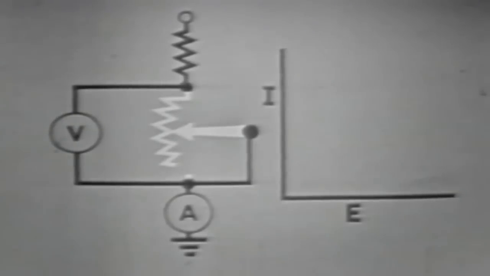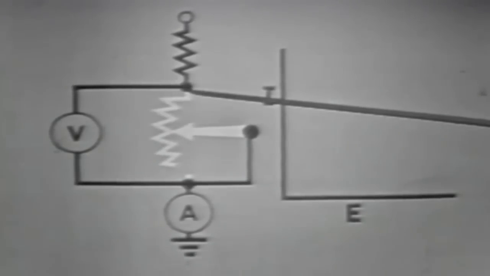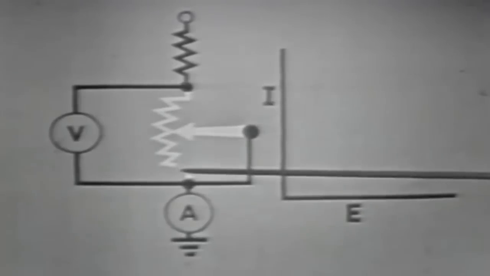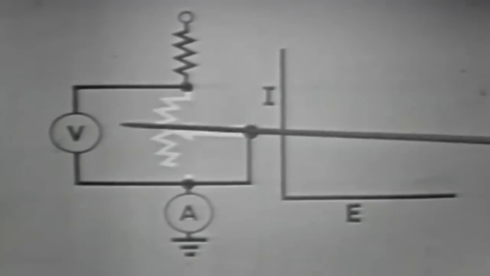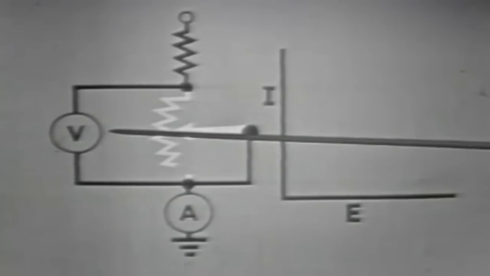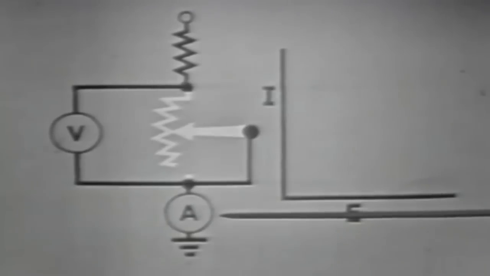To illustrate a load line, we'll use a simple DC circuit with two resistors. One resistor is variable from 0 ohms or short to an open, and the other resistor has a fixed value. The voltmeter measures the voltage across the variable resistor, and the ammeter measures total current in the circuit.